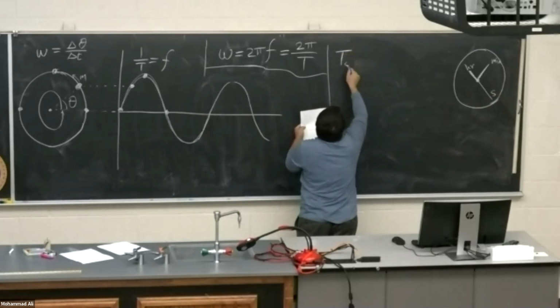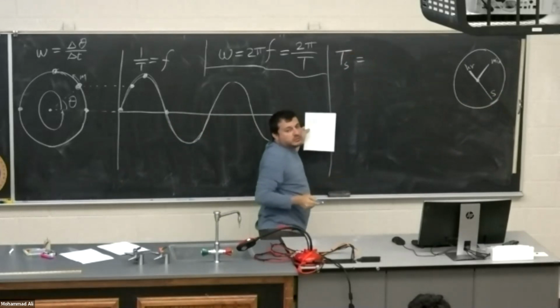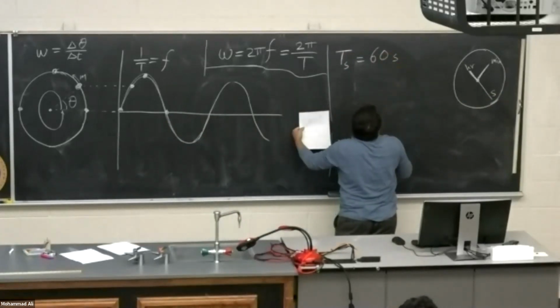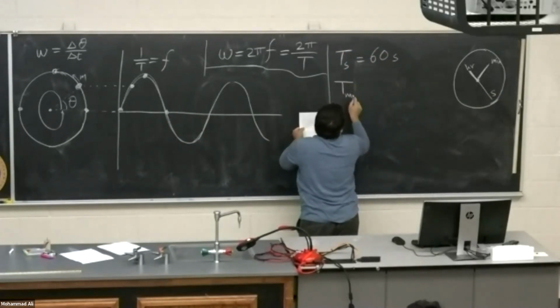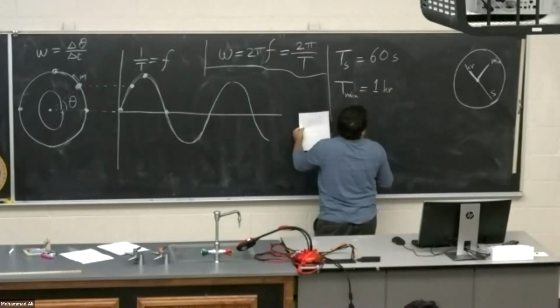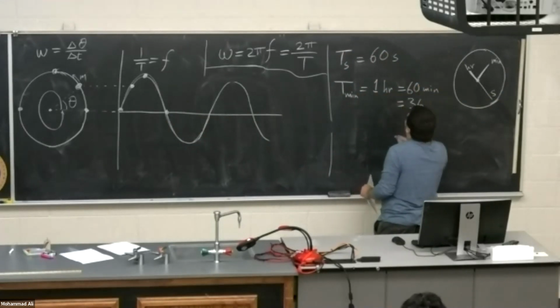The period for the second hand is equal to how much? 60, yes, right. 60 seconds. The period for the minute hand is equal to 1 hour, which is equal to 60 minutes, which is equal to 3,600 seconds.